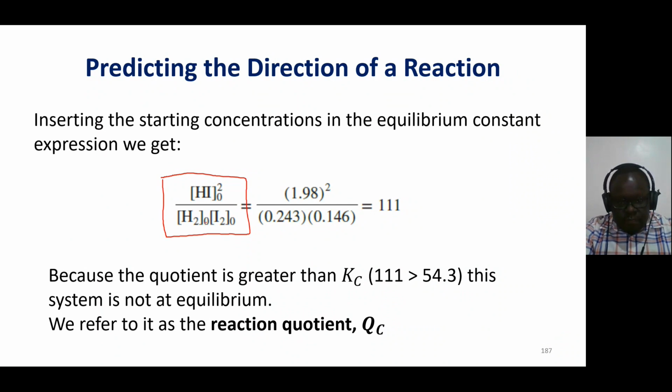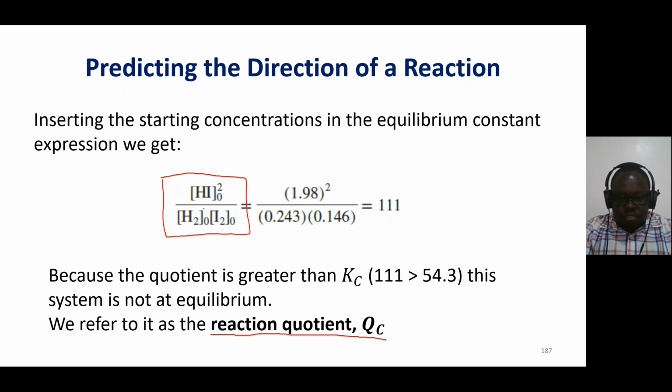These naught here represent the initial concentration, because what we are going to get here is not the equilibrium constant Kc, but a new quotient, which is referred to as the reaction quotient, because you are considering a state which is not at equilibrium. So it is denoted as the reaction quotient, that is Qc.